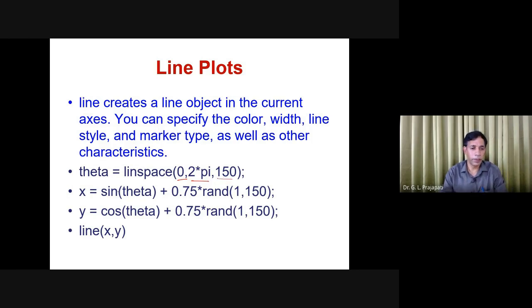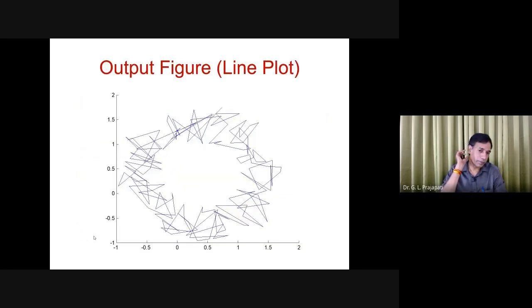Okay, and then you are using these 150 points with this equation, and simply instead you are doing line x y. If you do line x y, then you are getting this, and this is not strange.